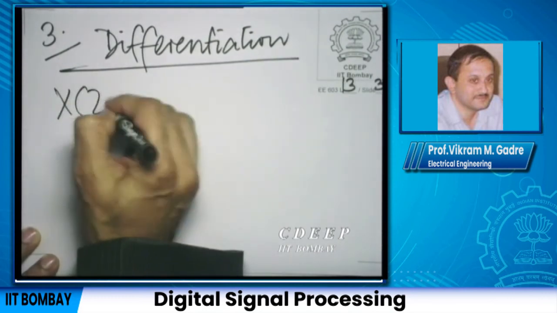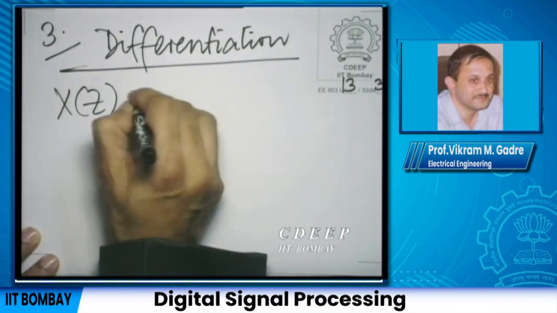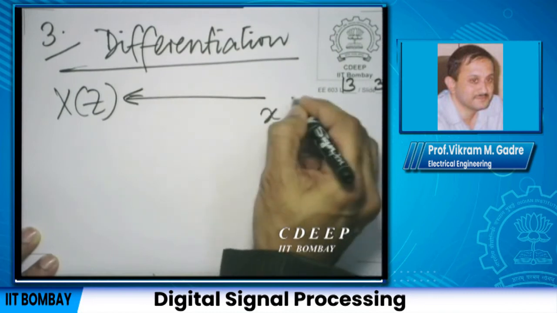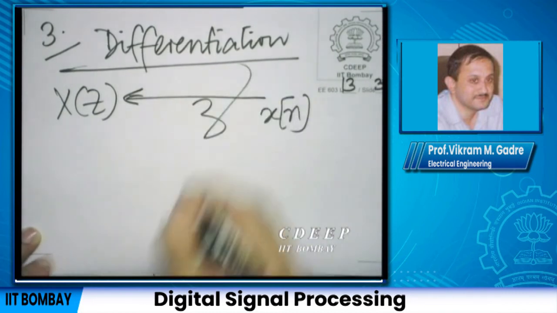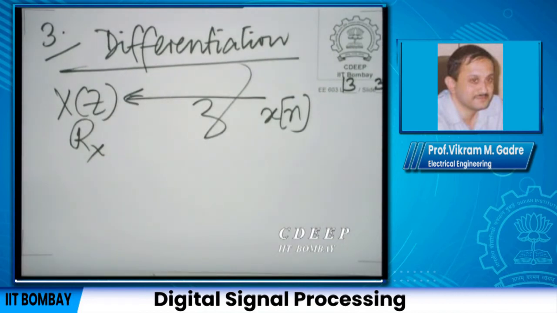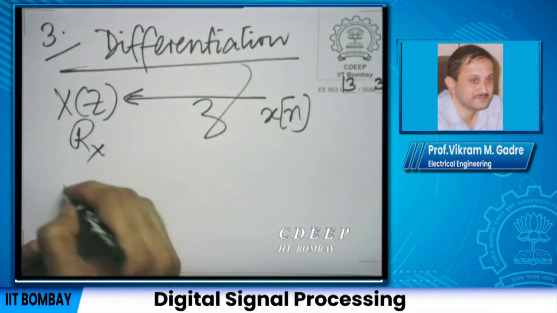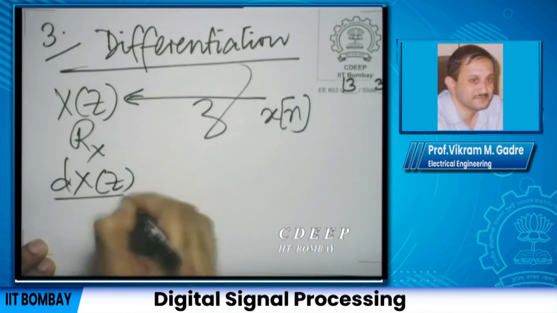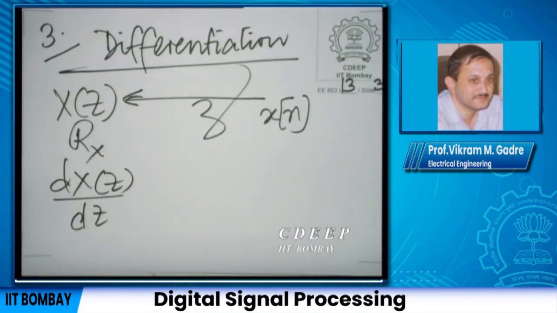Let X(z) be the Z transform of x[n] with a region of convergence R_x. We ask the question, what is it that has a Z transform dX(z)/dz? Or can we do something to figure out what happens to x[n] when we take the derivative with respect to z, if it exists?